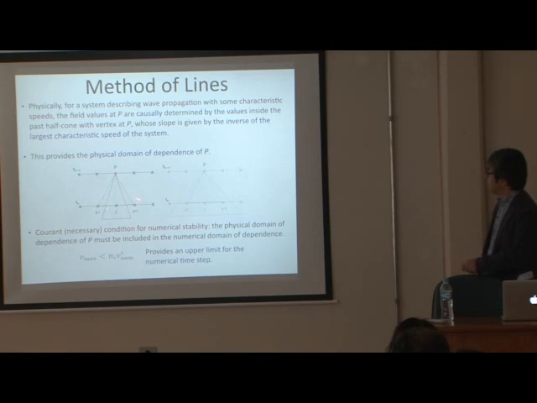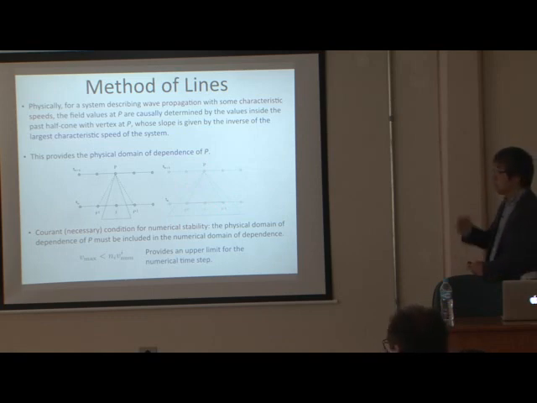In this case, the information outside is causally disconnected, which is an unphysical situation. So we always think about what causal information is coming here. Then the information at j minus 1, j plus 1 should be inside this causal region.